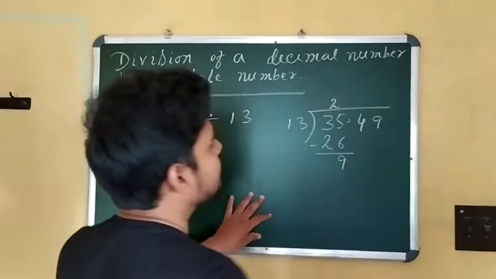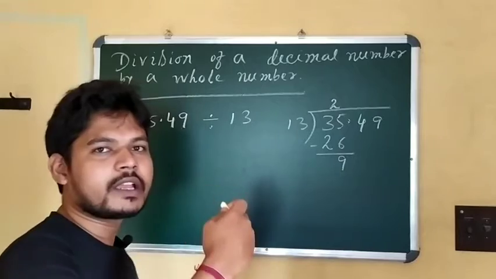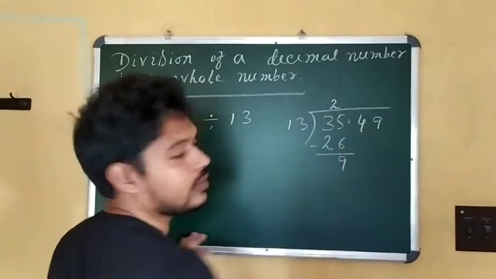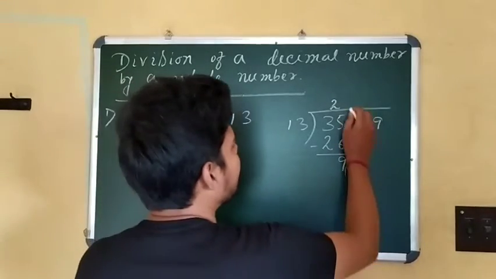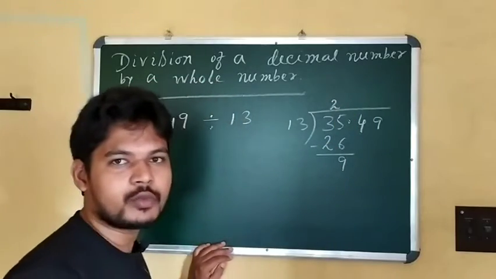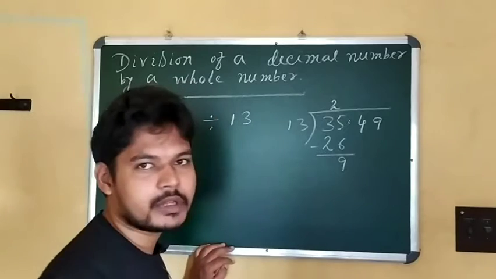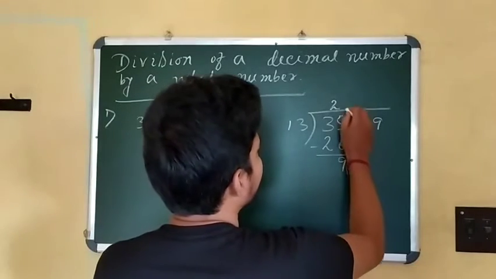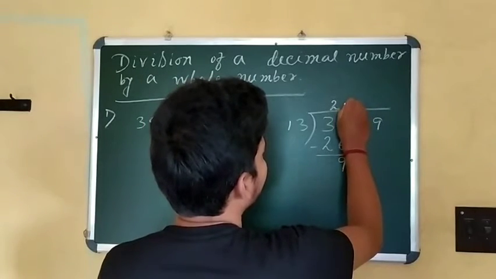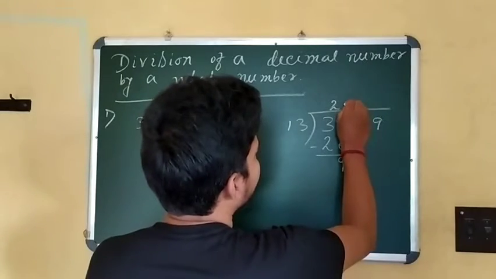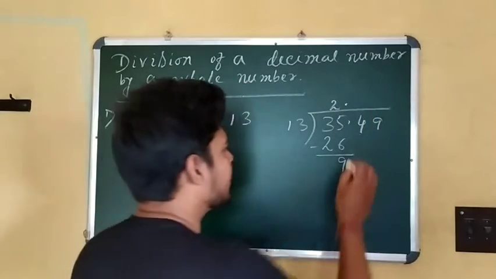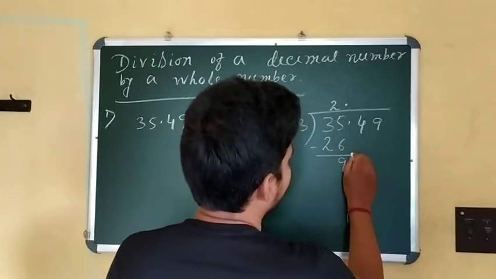Then you have to shift the decimal point to take the 4. Until we have shifted the decimal point, we cannot take the digits which are written after the decimal point. So at first we have to shift the decimal point at the place of quotient. So we have shifted this decimal point, then you take 4.